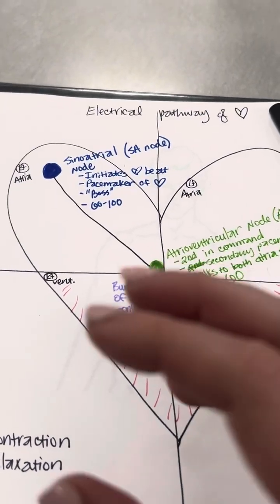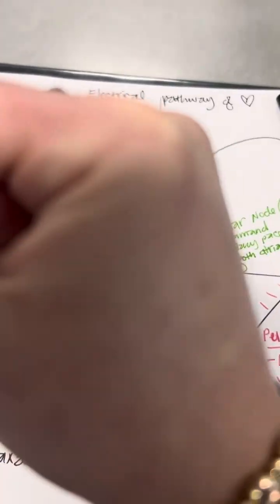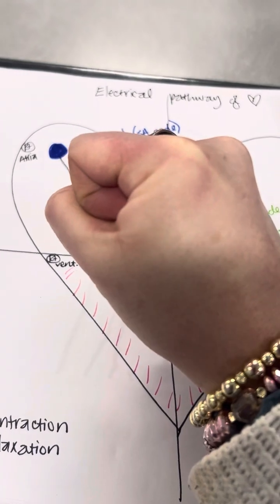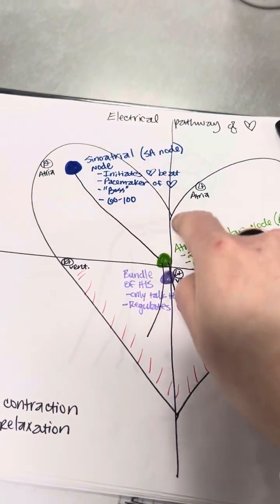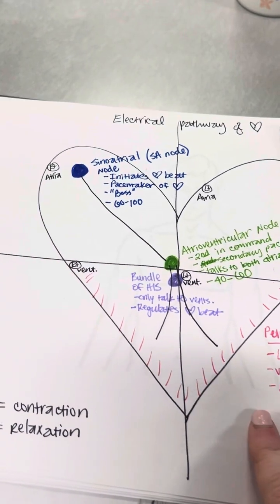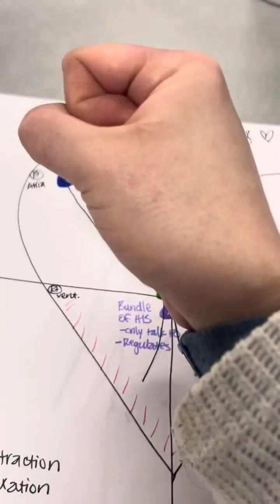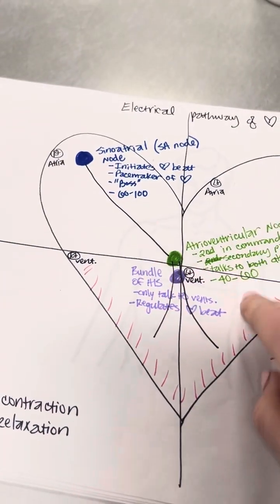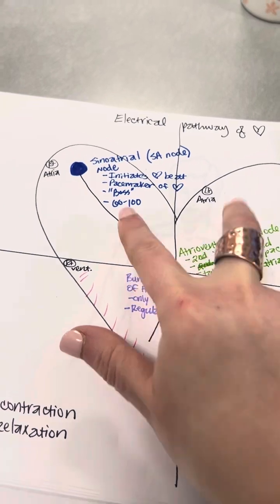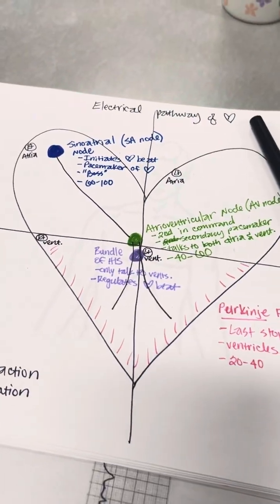So the SA node initiates the heartbeat by saying depolarize, and the atrial cells all depolarize at one time to give that effective pump. Because remember, the electrical pathway also interacts with the pump of the heart. So all the atrial cells at one time depolarize to give that good squeeze to kick the blood from the atriums down into the ventricles. So that's really what's happening.